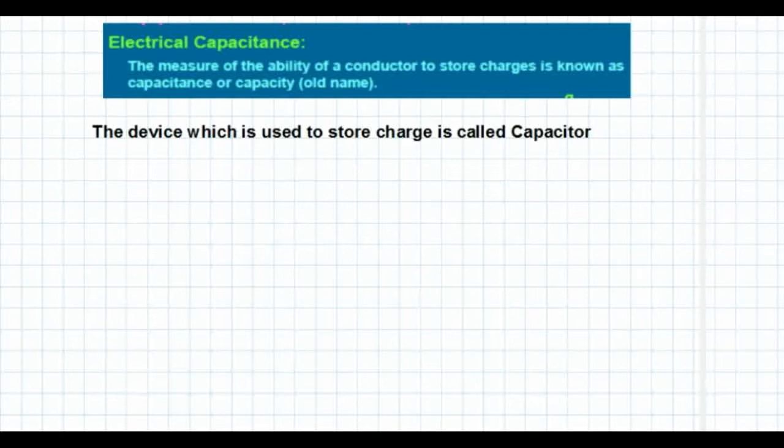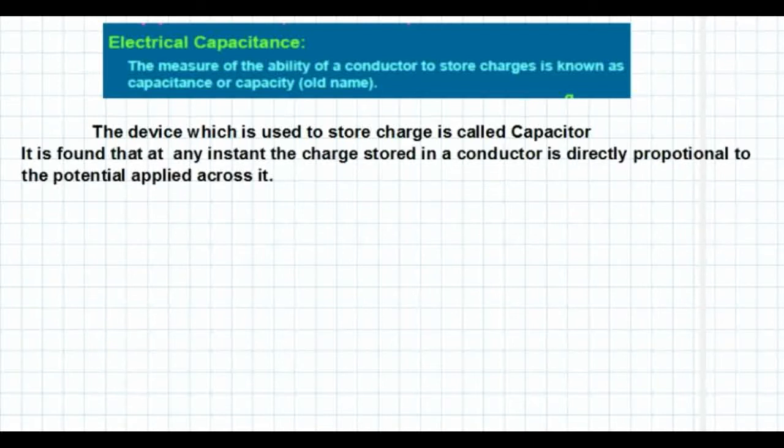The device which is used to store charge is called a capacitor, and it is found that at any instant the charge stored in a capacitor is directly proportional to the potential applied across it. So when a potential is applied across a conductor, there will be a charge flow, and the charge storage is directly proportional to the potential applied.